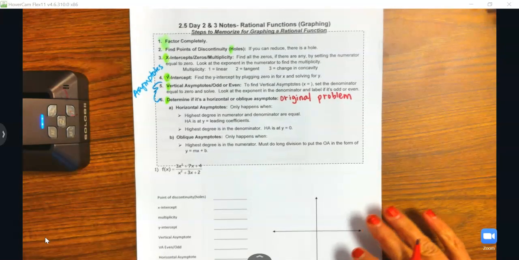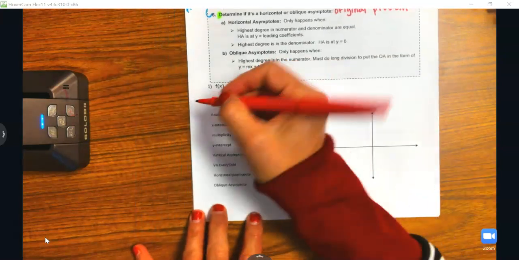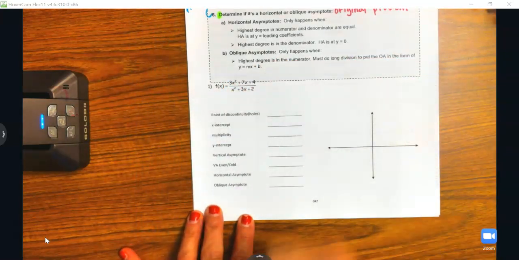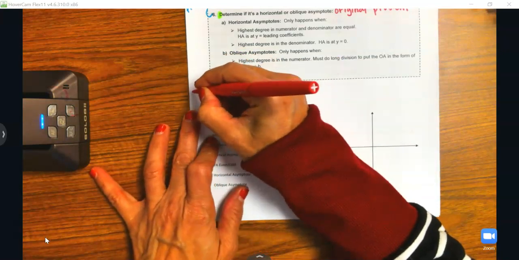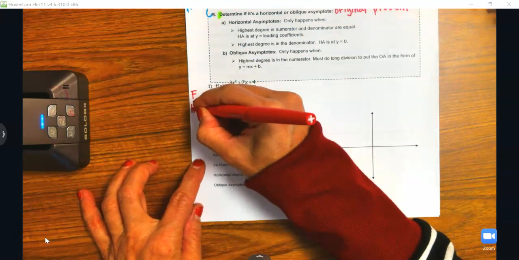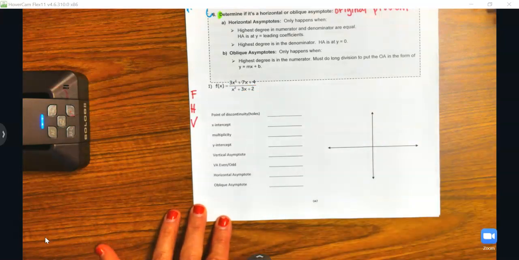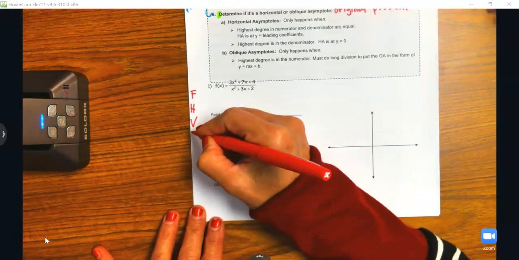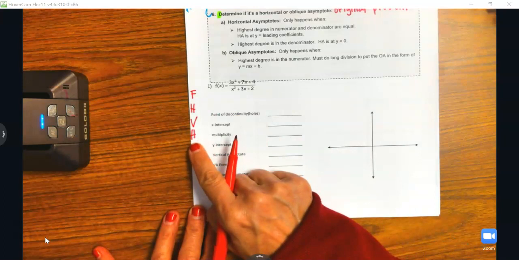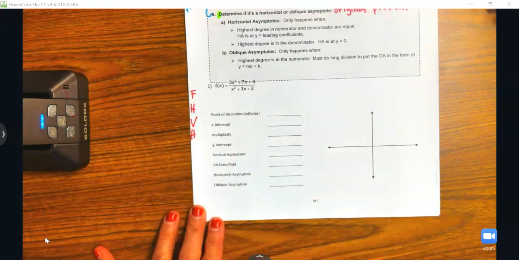Okay, so let's go ahead and get started here. Since these are just a little bit out of order, I'm going to write these steps down. The first step is to always factor. The second step is to always find holes. The third step is actually to find your vertical asymptote, then your horizontal asymptote, or it may be an oblique there.